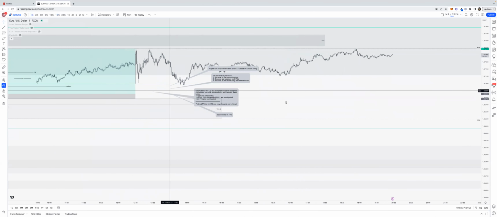I caught that short and it basically smashed down, took out previous monthly highs and lows. And you can see previous monthly lows being taken out, and previous weekly low as well.